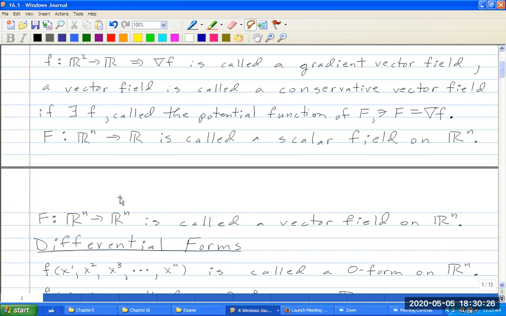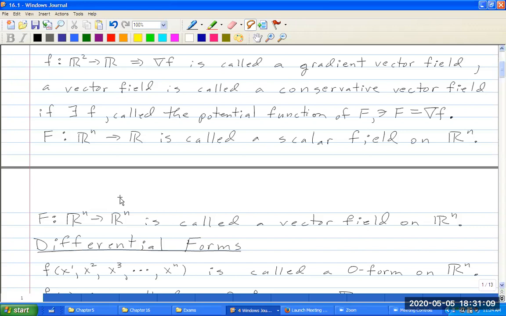Let me discuss differential forms, which will help us notationally to look at vectors in a fashion where all of these formulas that I'll be giving you turn out to be the same thing when looked at in a certain fashion, and they all fall out from rather simple constructions.